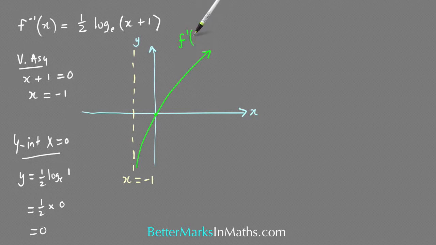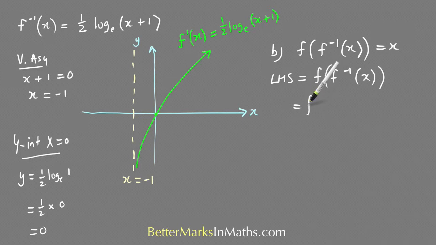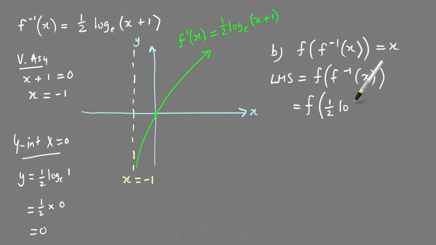The inverse function f minus 1 of x equals 1/2 log e of x plus 1. Alright, so that's kind of the easy and quicker way of doing it. So moving on to part B, and you have to show that f of f minus 1 of x is equal to x. So the left-hand side is equal to f of f minus 1 of x, and that just becomes f of the inverse function, which is 1/2 log e of x plus 1.